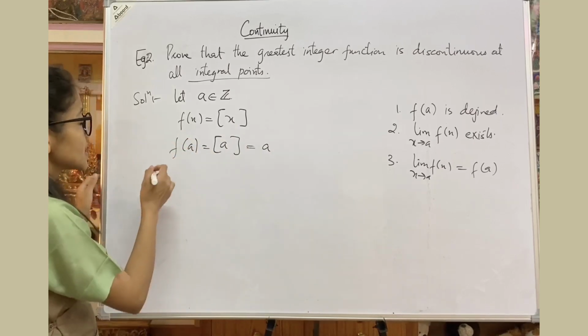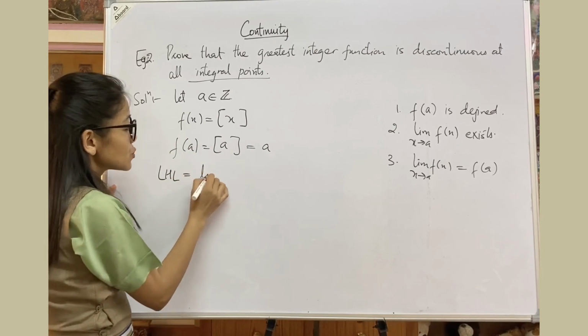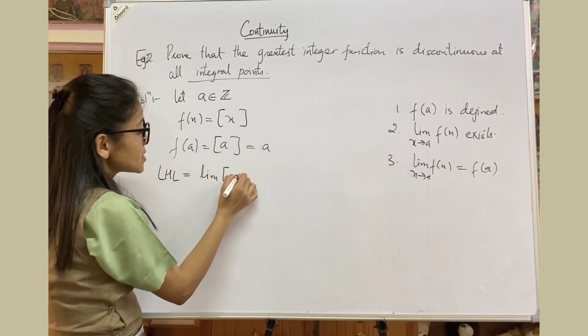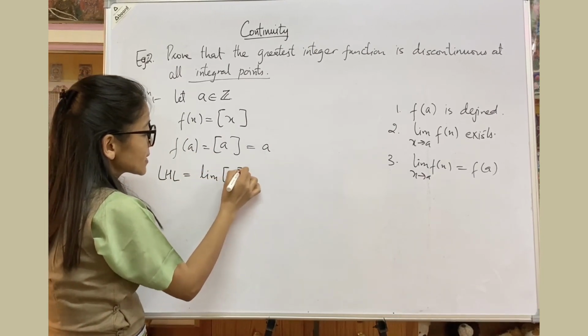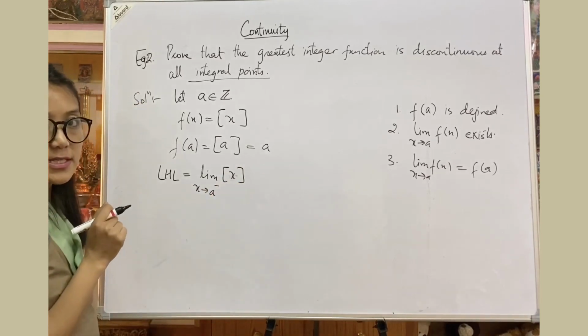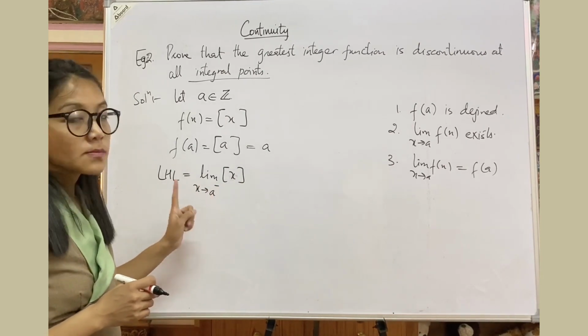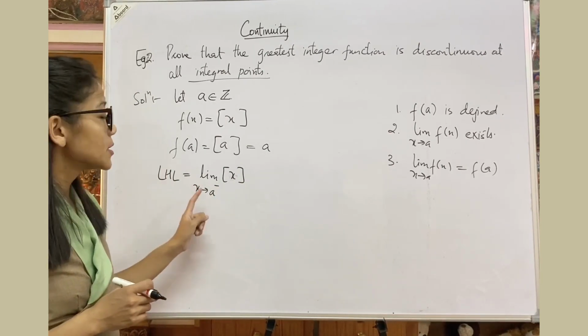Now we will check for the second condition, that is, we have to find the left hand limit. This is equal to the limit of the greatest integer function of x, where x is tending towards a from the left hand side. We know that a is an integer.